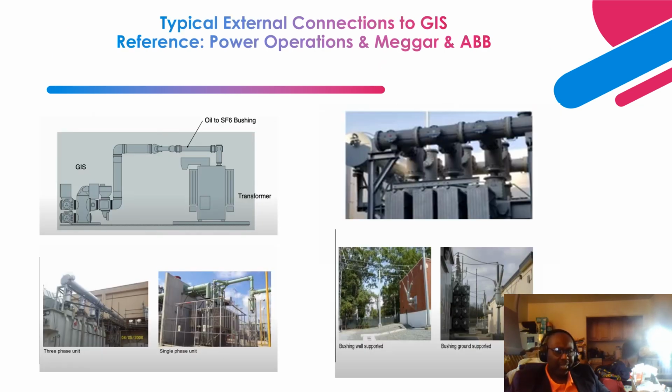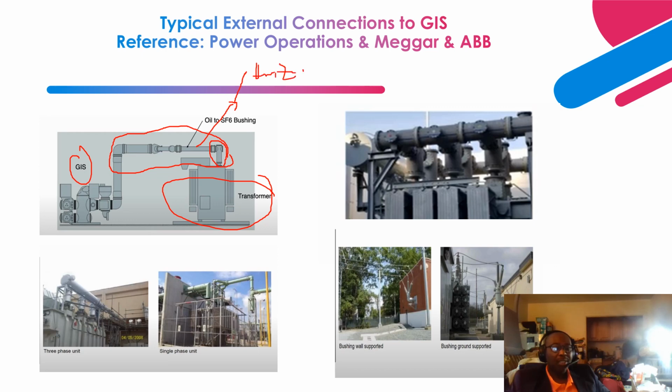Next, let's talk about the external connections to a GIS. Remember, I indicated that GIS can be integrated to a power transformer. As you can see over here, this is the connection to the GIS. You have the GIS located here, and the power transformer located here. This one is the enclosure, and usually you have the oil to SF6 bushing, a horizontally mounted bushing located here.